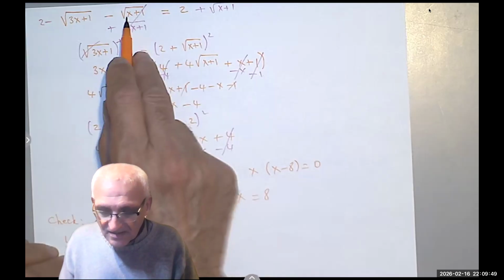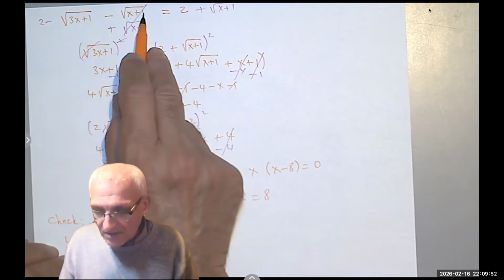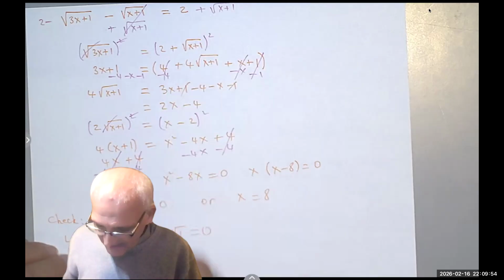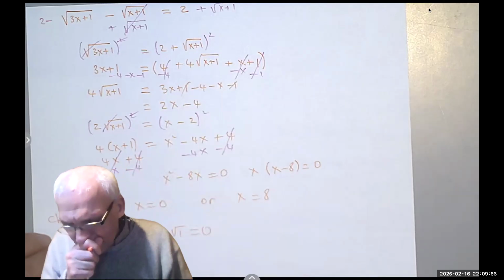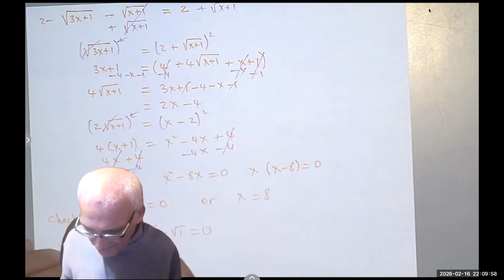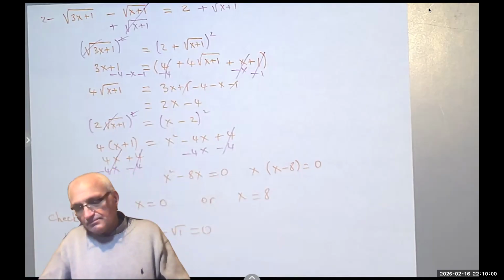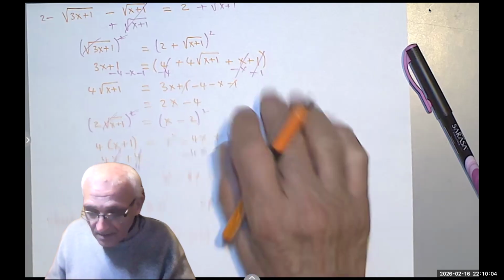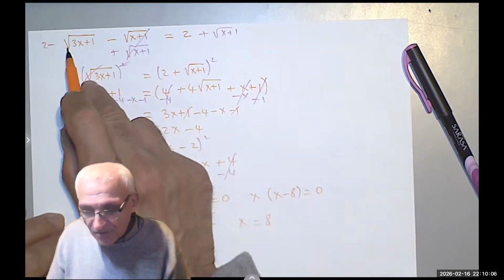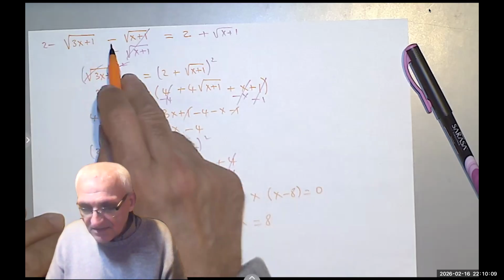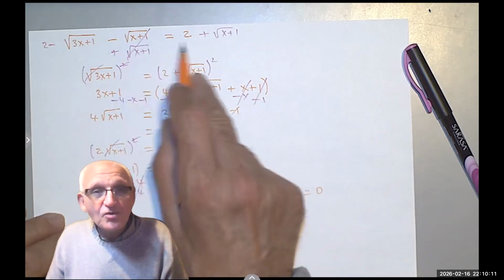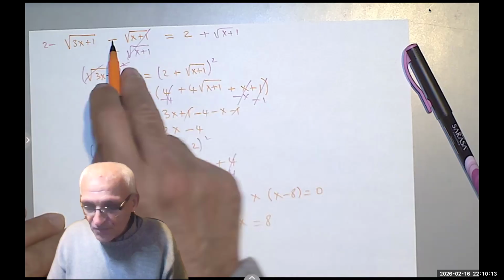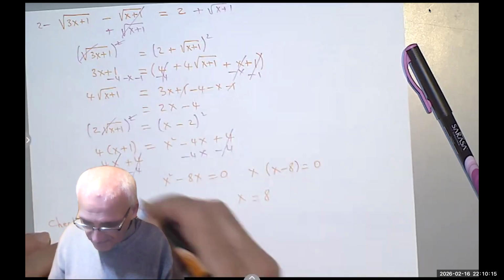Because when x is 0, that's 1 minus 1. Right-hand side is 2. The original problem was square root of 3x plus 1 minus the square root of x plus 1 equals 2. I got 1 minus 1 equals 2. Erroneous.